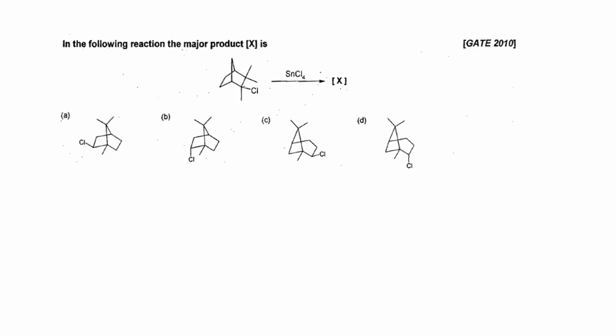As we know, this SnCl4 may act as a Lewis acid due to its vacant d orbital. So it will take up this chlorine and generate a carbocation.